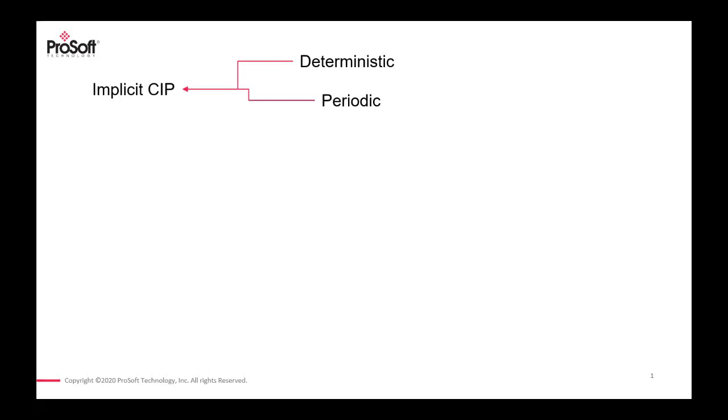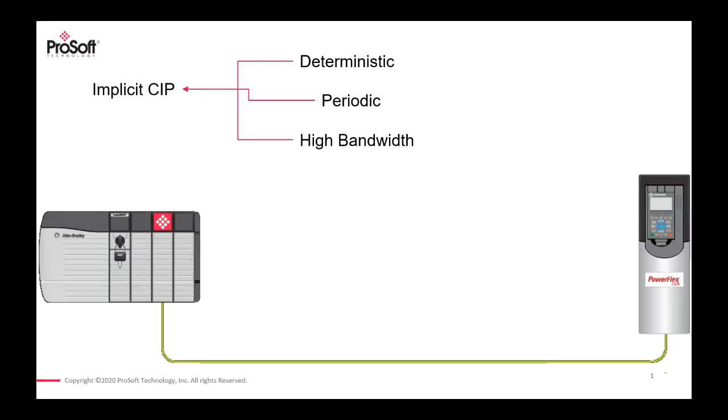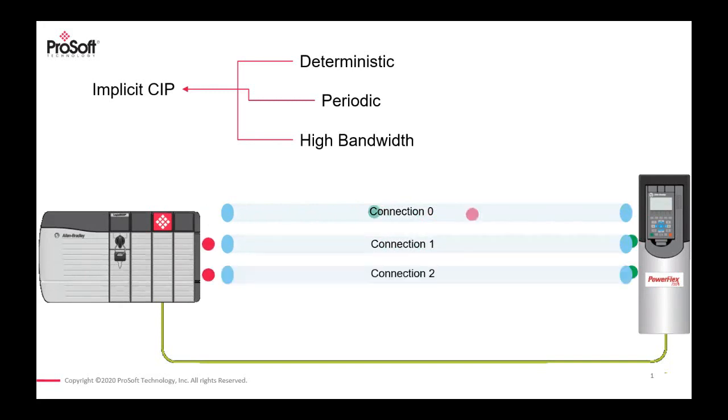And CIP can also be high bandwidth. Let's go back to the initial example that we had of a Rockwell controller as an EIP client communicating with a PowerFlex drive, right? You can have a single connection, data points being exchanged between the two devices. And then you can actually expand that to have a lot more connections, hence that high bandwidth communication, right?